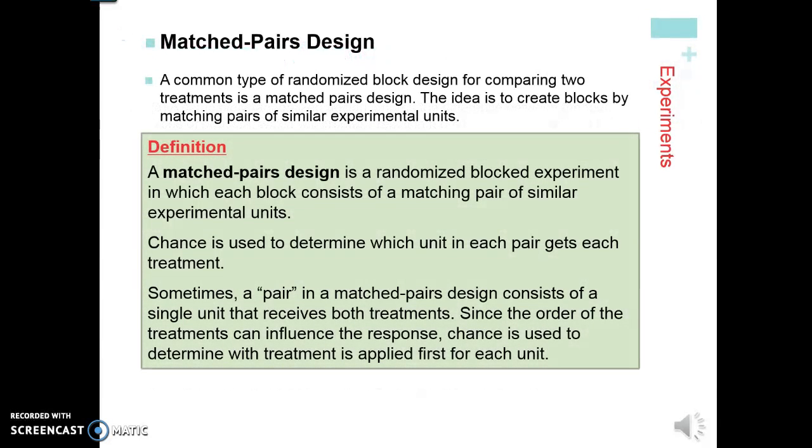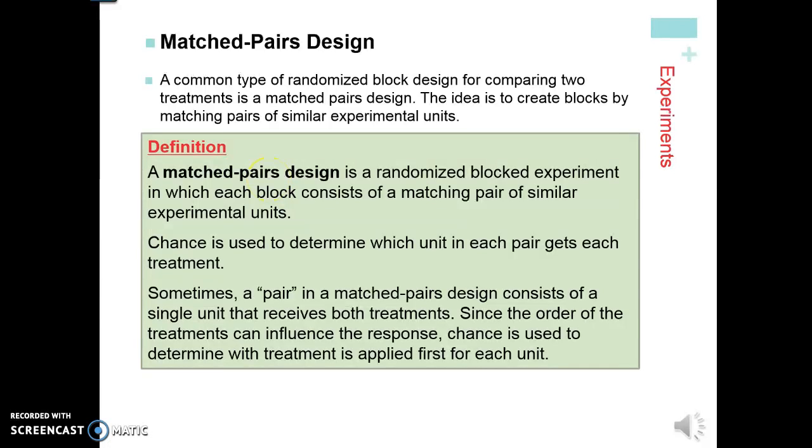All right, so the last type of design we're going to take a look at is called a matched pairs design. A matched pairs design is a type of blocked experiment. When you see the word matched pairs, I want you to remember that matched means similar or the same, and pairs means 2.